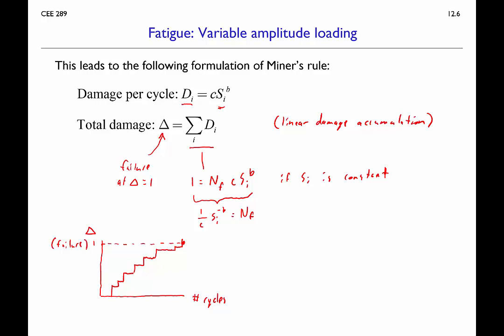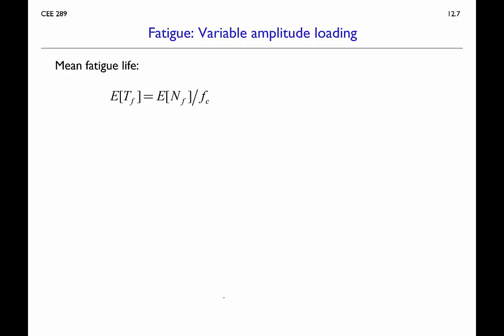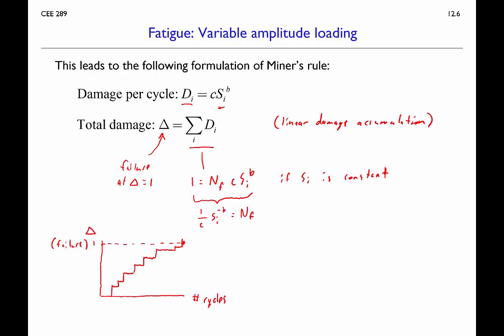So we're going to be interested in how many cycles it takes to get to a failure under this variable amplitude loading, and how long it takes to get to failure in time as well. So this would be N_f. This constant amplitude case is in the neighborhood of what we're interested in, but not quite.